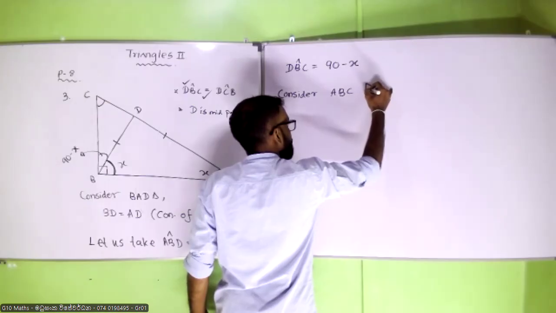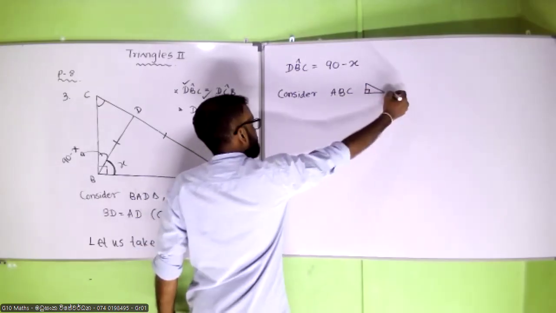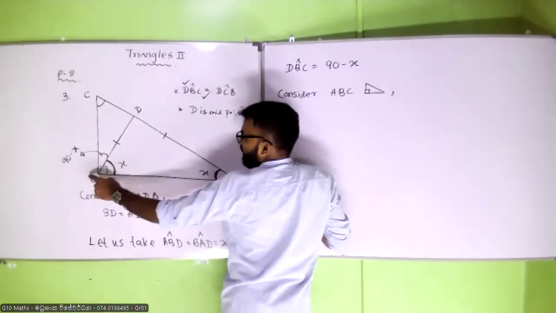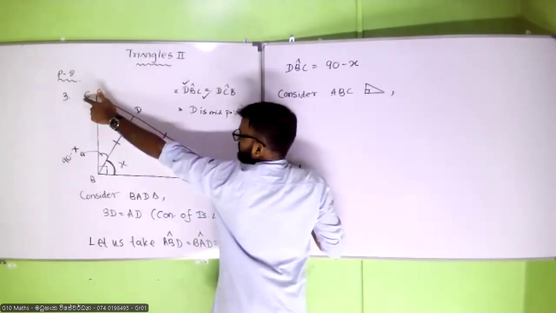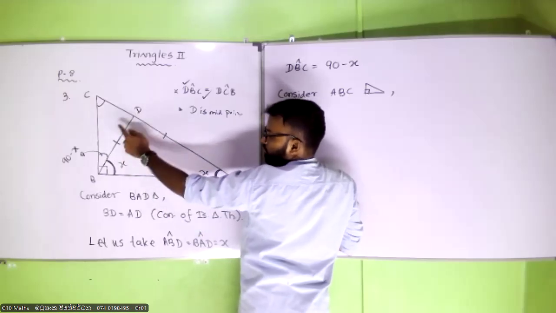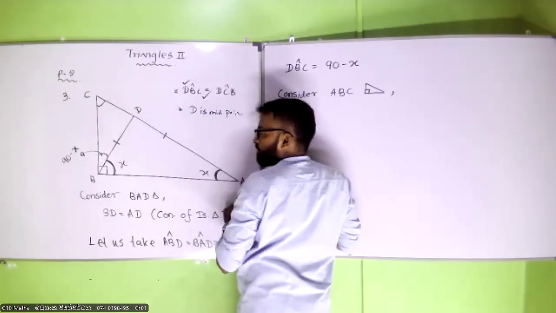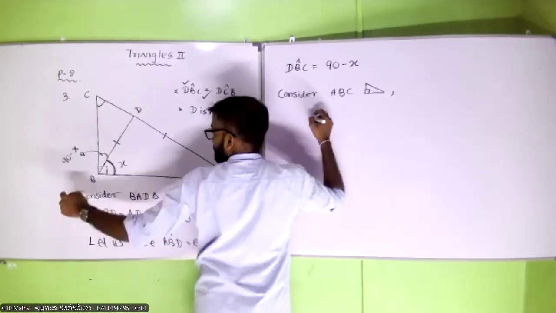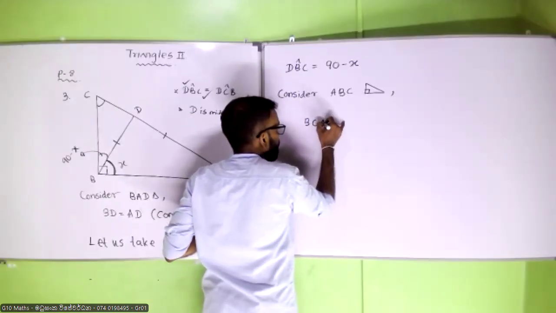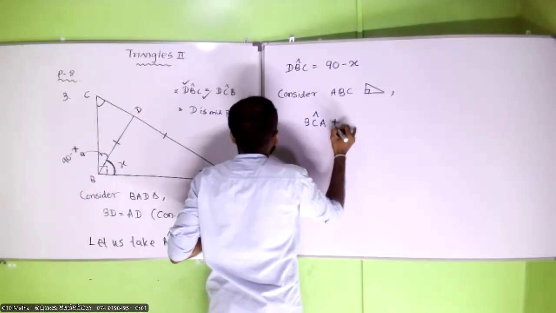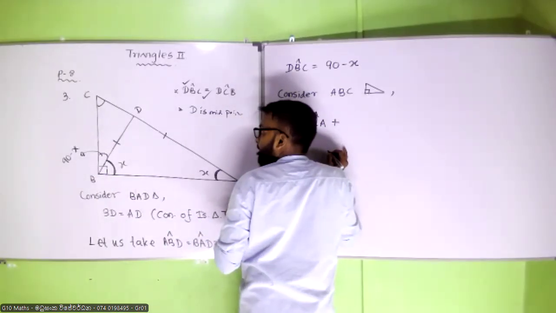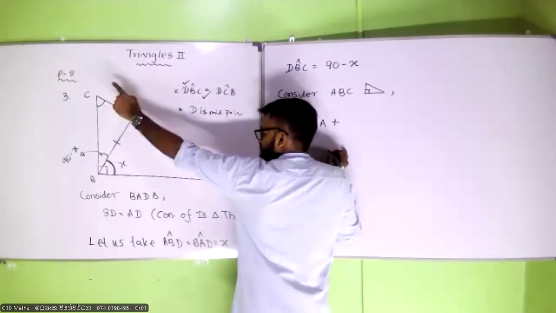So if we consider the ABC right angle triangle, I am going to find BC. No, I am not taking BCD now. I am taking BCA instead of BCD. Later I will take the other. BCA is the angle that we are going to find out. BCA plus BAC, right?